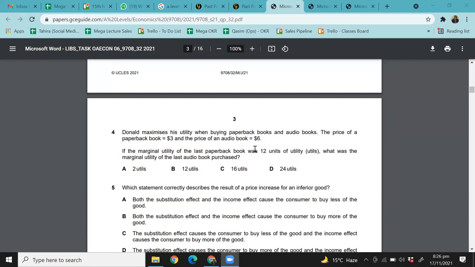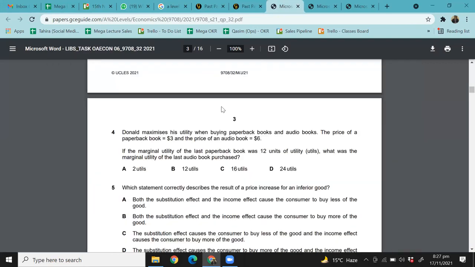Marginal utility of A divided by price of A equals marginal utility of B divided by price of B. There are two products, you have the price of both, and you have the marginal utility of one of the products, so you can calculate the other. Easy. Did you also get 24? So the answer should be D. Let's check. 4 is D. Perfect.